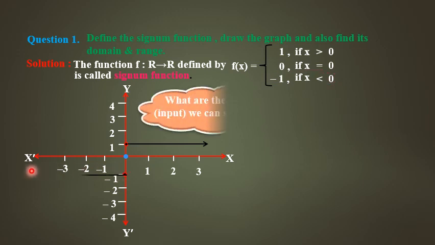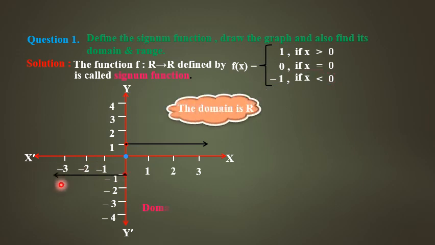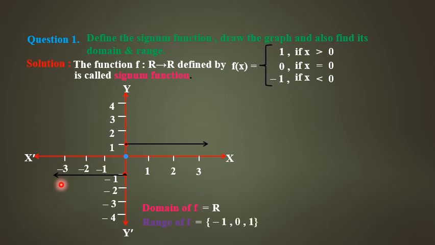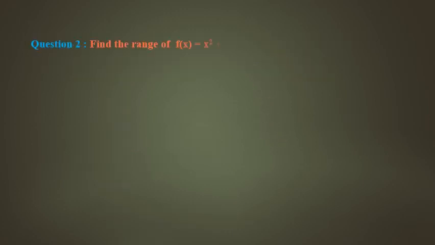So the graph line will become like this. Correct. So what are the values of x? We can take any real number. So domain is real. All possible answers are 1, 0, minus 1. So you can say range is only these three values, means output only these three: 1, 0, minus 1.